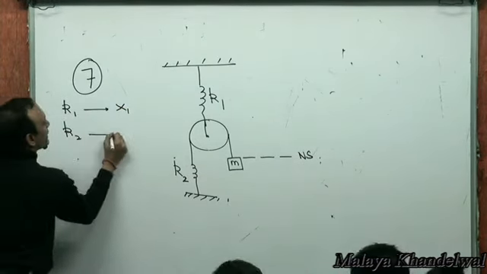Now, let me write down the energy expression in this state. Minus mgx for this mass. Spring 1, half k1 x1 squared, spring 2, half k2 x2 squared. Yes or no?